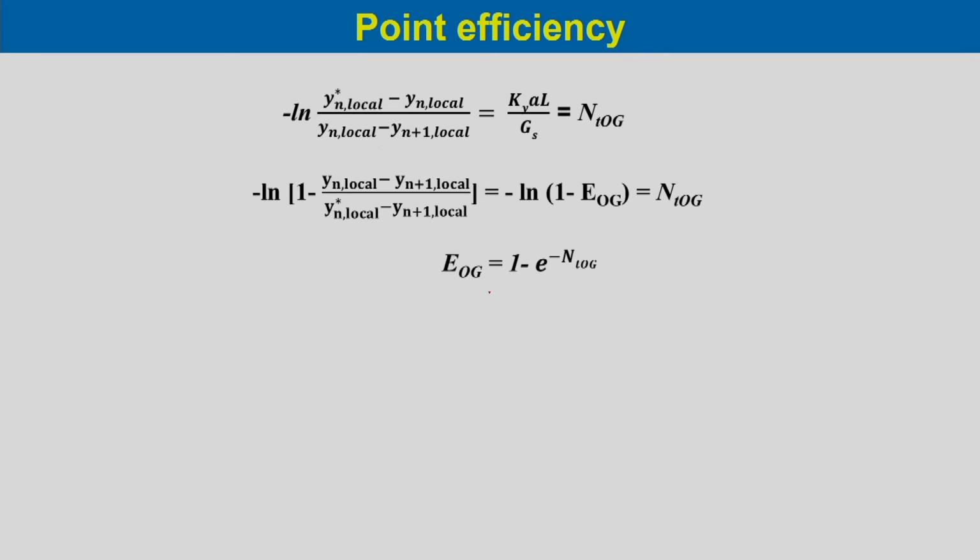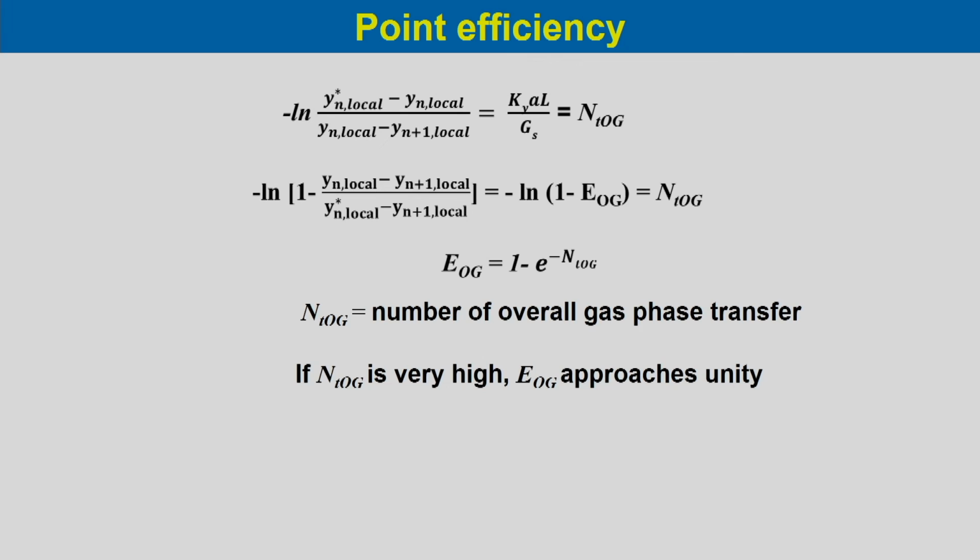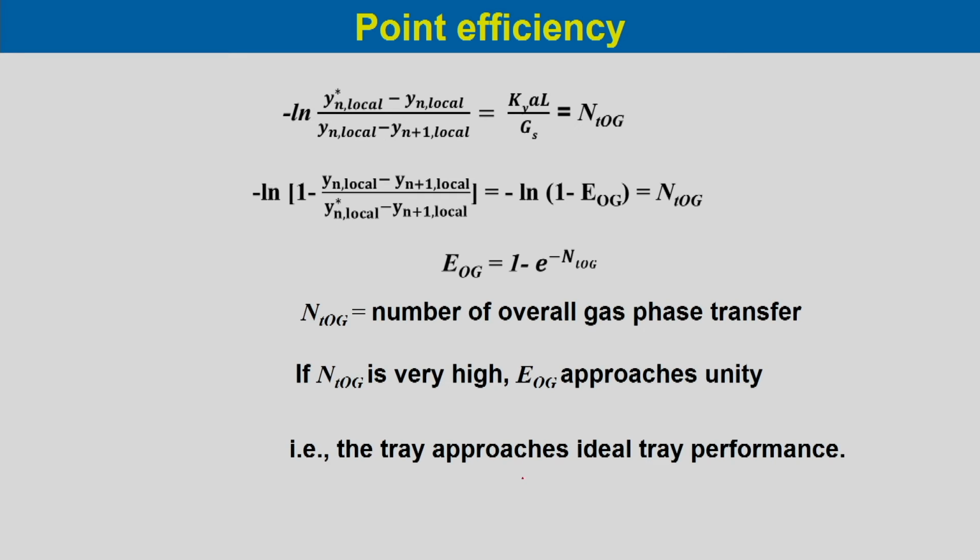So, EOG we can write would be equal to 1 minus e to the power minus NTOG. NTOG, as we said, is the number of overall gas phase transfer units, and if NTOG is very high, EOG approaches unity, that is the tray approaches ideal tray performance when NTOG approaches infinity.